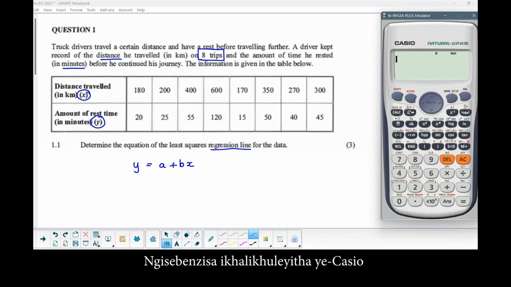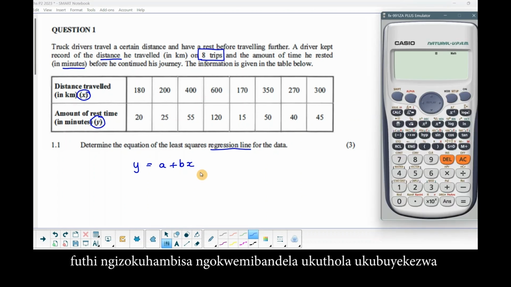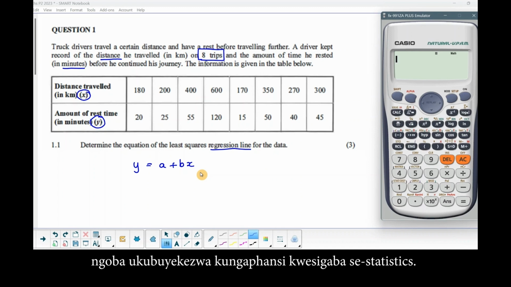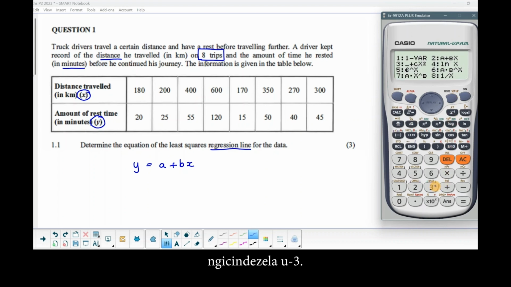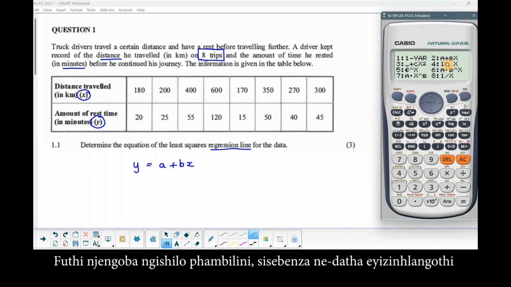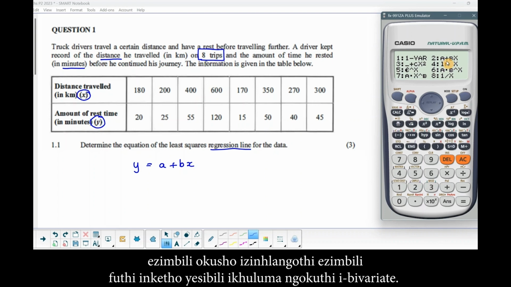I'm using a Casio calculator, and I'm going to talk you through the steps to work out regression. Because regression falls under the statistics section, I need to go into my stats mode. So I go mode and 3. And like I said earlier, we're working with bivariate data, meaning 2 variables, and option 2 is your bivariate.